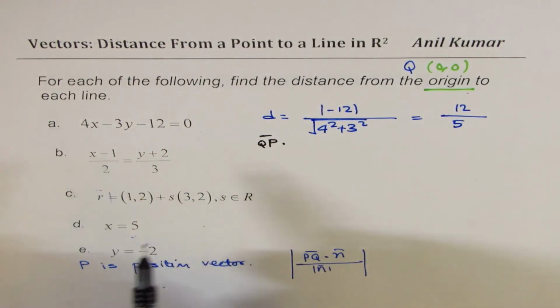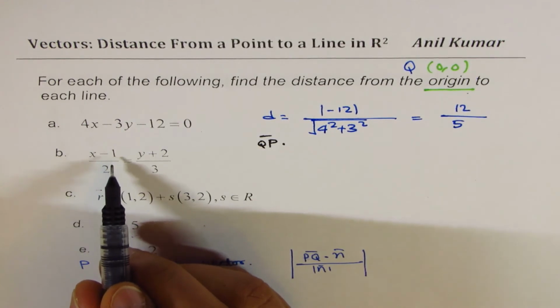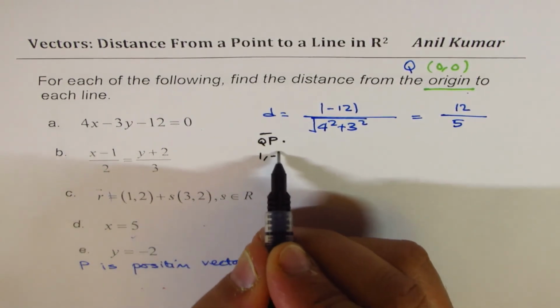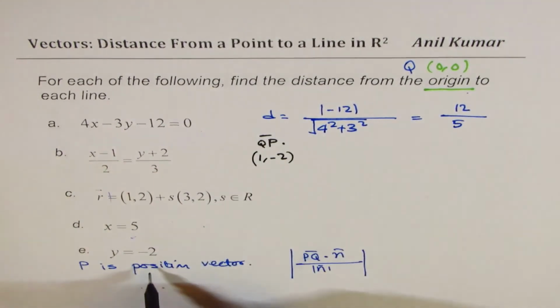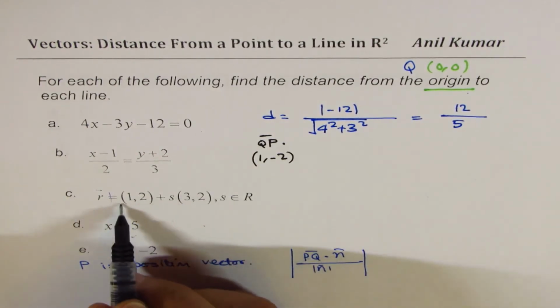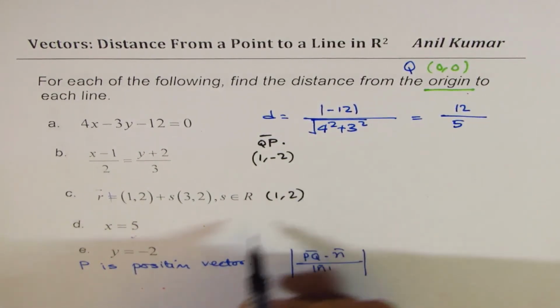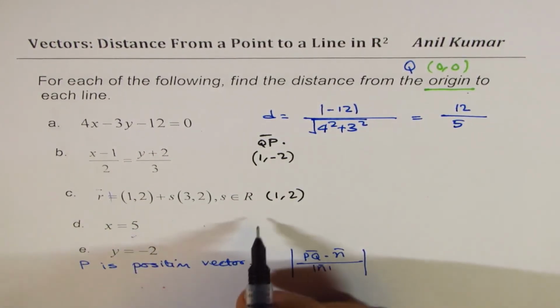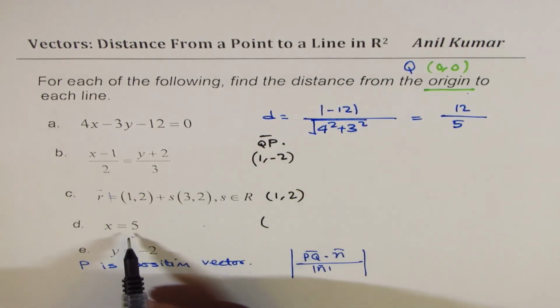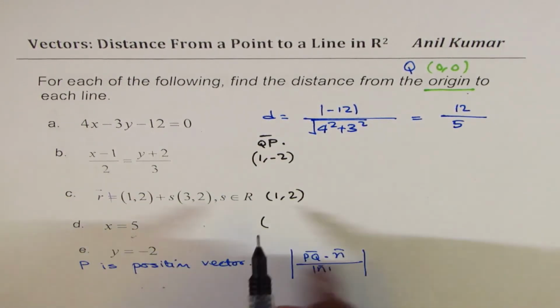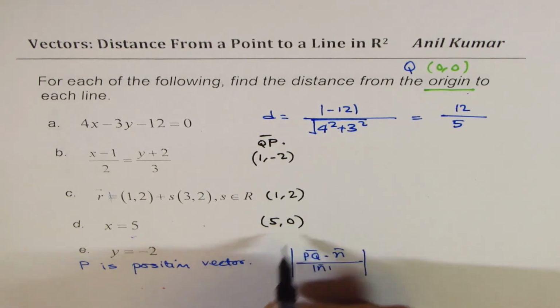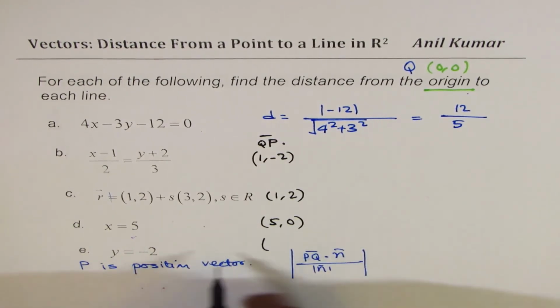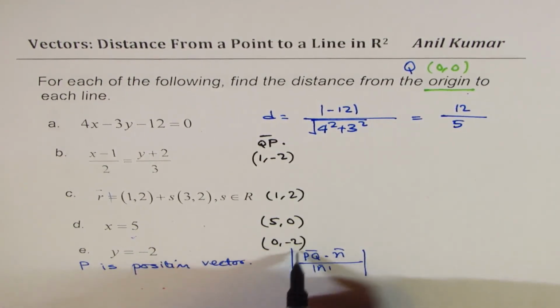So OP in this case will be (1, -2), correct? So that becomes OP. In the second equation, OP is (1, 2). In the third equation, the point OP is going to be (5, 0). And in the last case, it is going to be (0, -2).